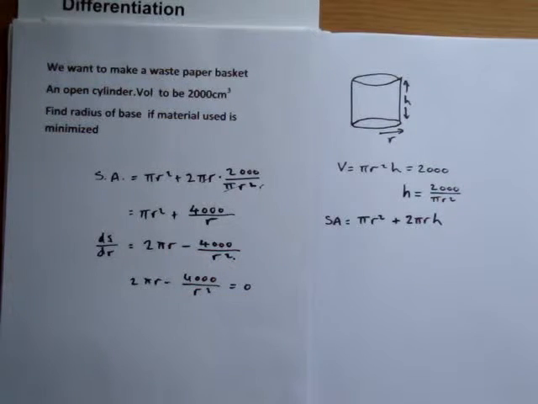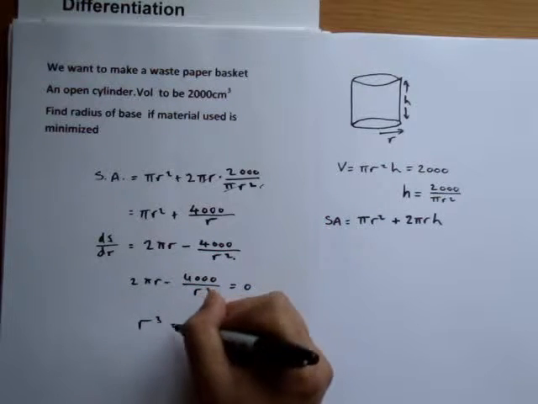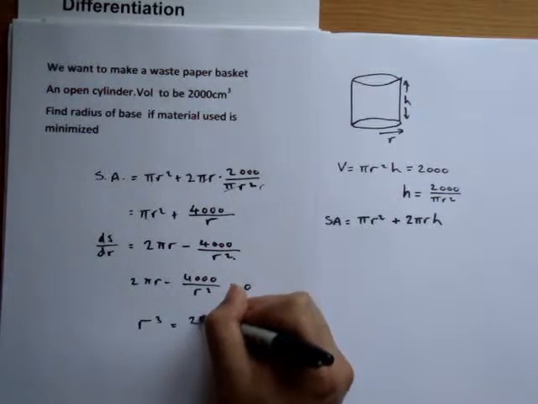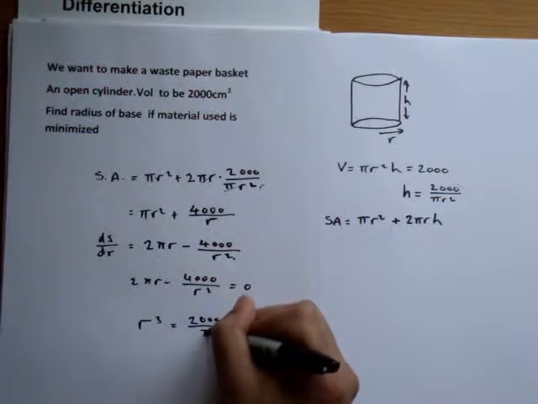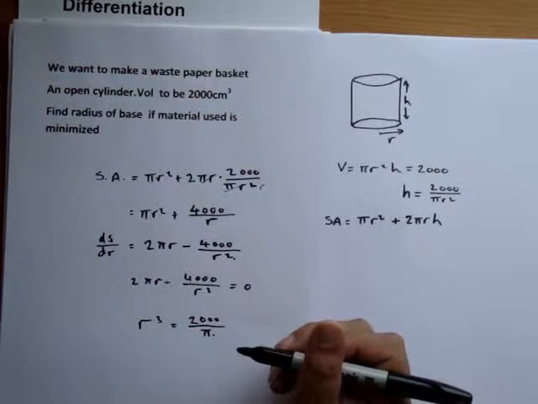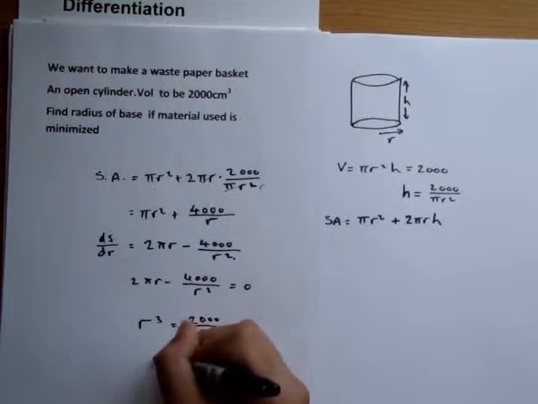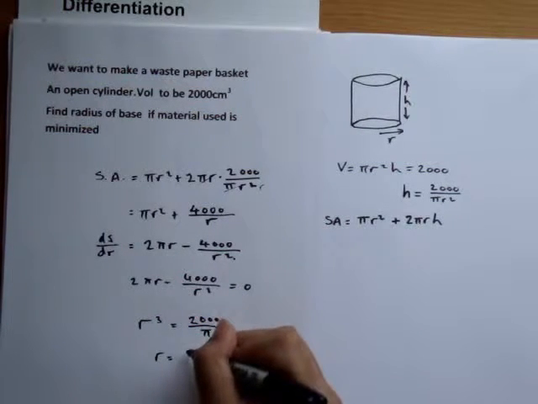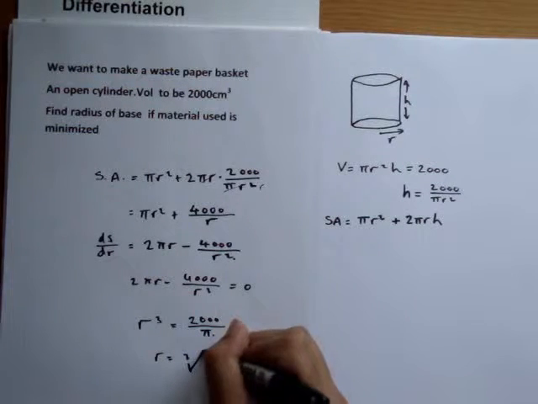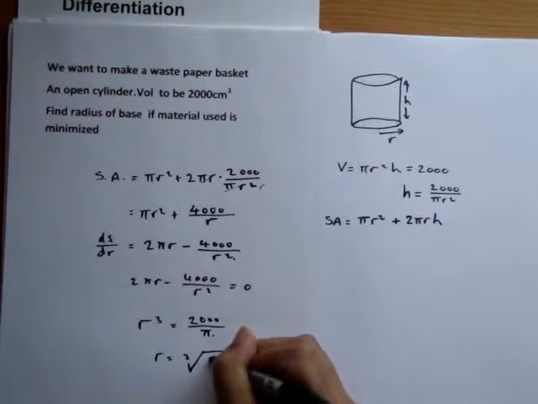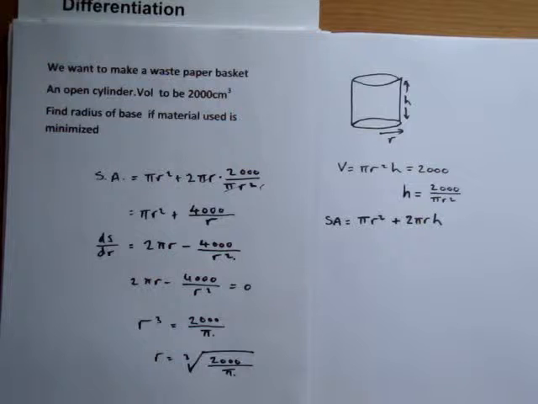We get 2 pi r cubed equals 4000, so r cubed equals 2000 over pi, so r is the cube root of 2000 over pi.